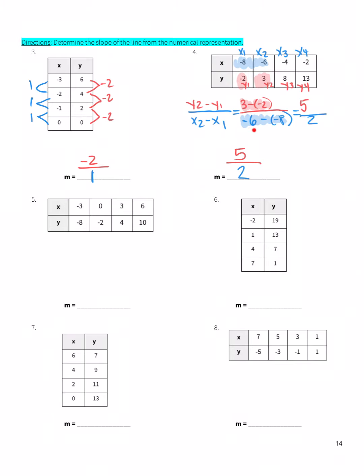If you did not get this one correct, I would check and see if you made the mistake when subtracting a negative, because remember, you have to add. That's why it's super important to use your calculator, because 3 minus negative 2 is a positive 5. Okay, same thing. Negative 6 minus a negative 8 means that you're adding 8. Negative 6 plus 8 is equal to a positive 2. So use that darn calculator.